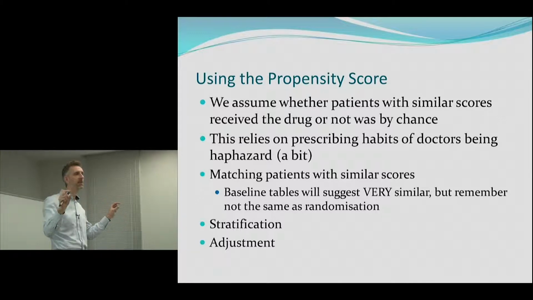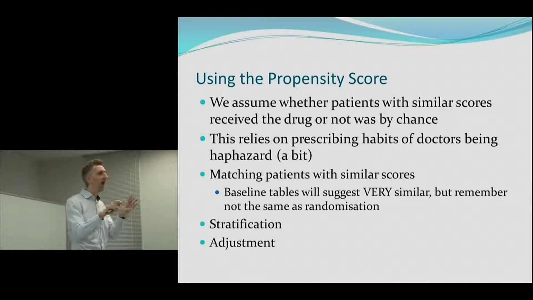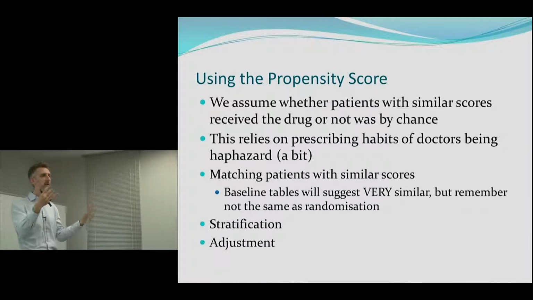So for everybody with a score of 0.8, we assume that everything else about them is equal. Some of them got the treatment, some did not. If I compare everybody with a score of 0.8, I should get an answer that's free from confounding, because those 2 groups, treated and untreated, should be very similar to each other.